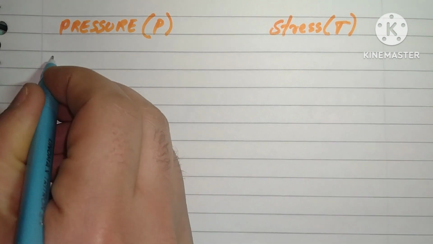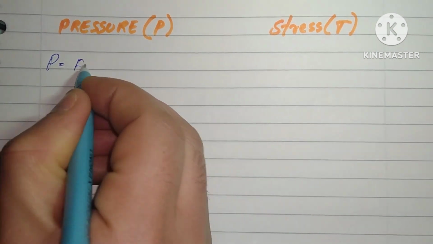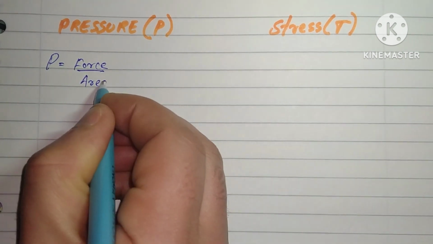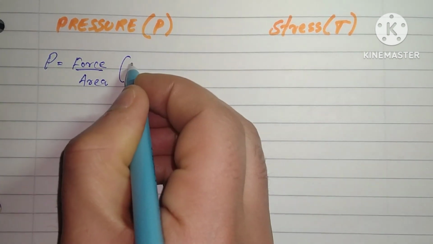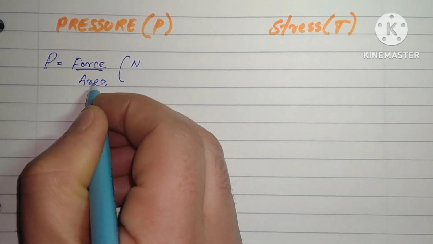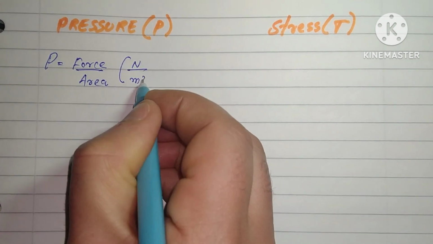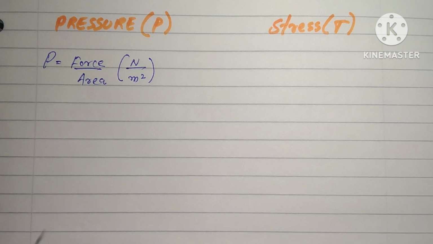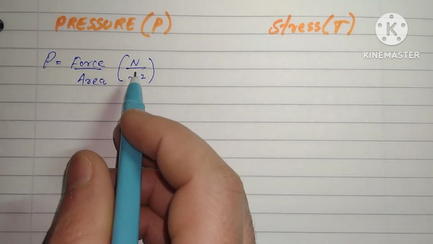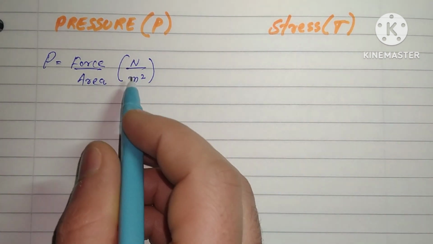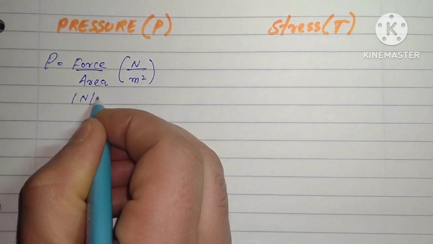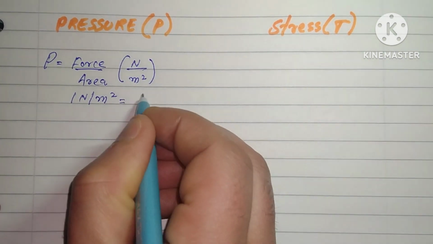Pressure is force per unit area, where force is in Newton and area is in meter square. So it is Newton per meter square, and 1 Newton per meter square is called 1 Pascal.